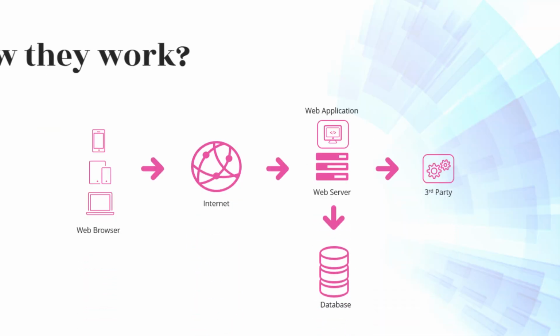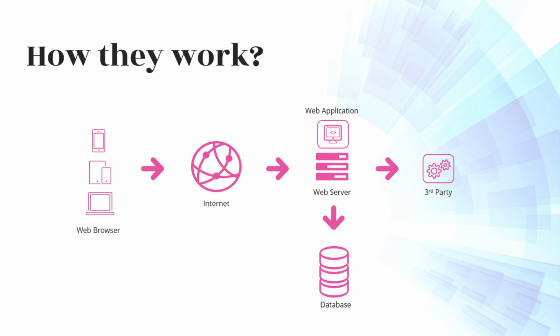So let's see exactly how a web application is laid out through this design in front of us. I have my client side, which could be a computer, a laptop, or a desktop machine. It could be a mobile device, a tablet, or a phablet, and it uses the internet or any local network to connect to a web server.